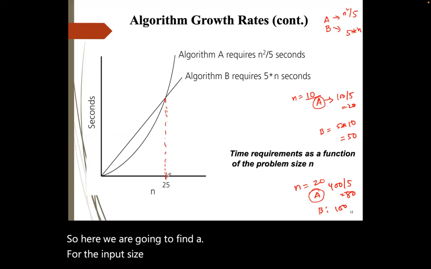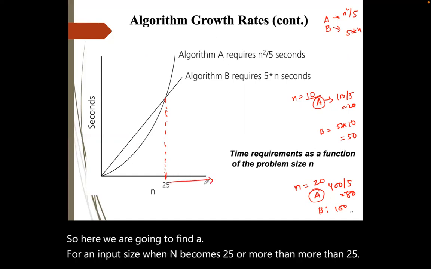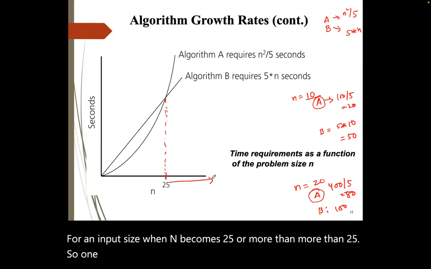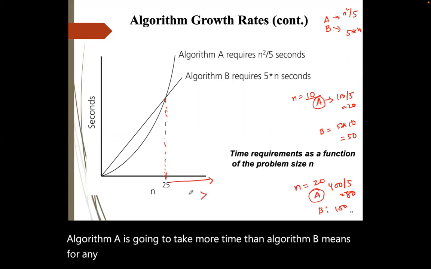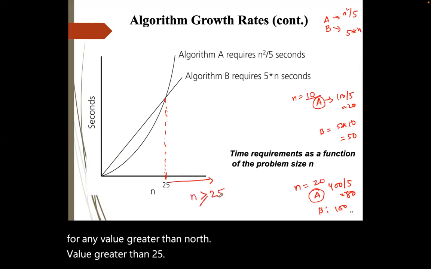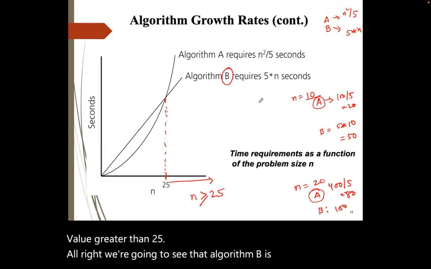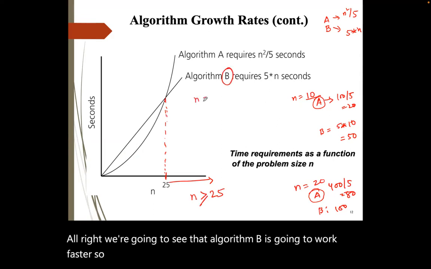When n becomes 25 or more, algorithm A is going to take more time than algorithm B. For any n value greater than 25, algorithm B is going to work faster. So let's verify that. Let's say n equals 25.